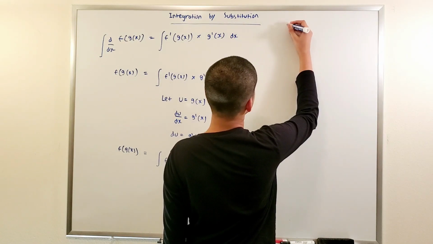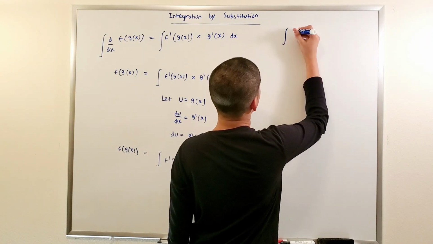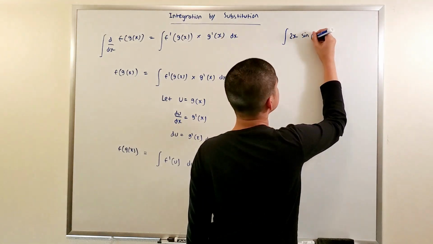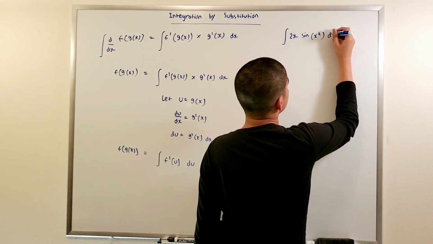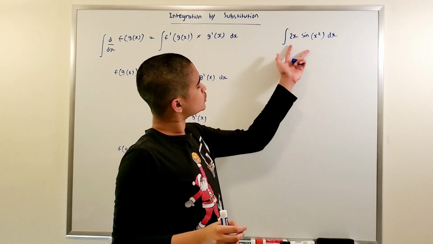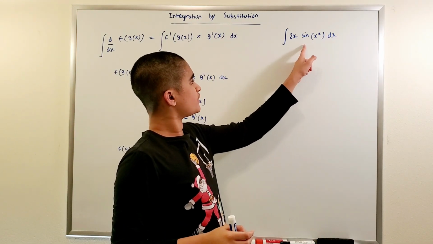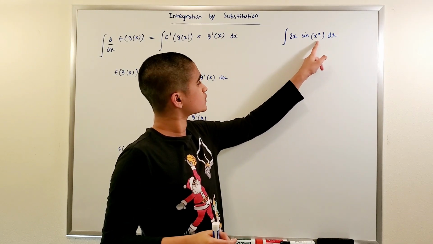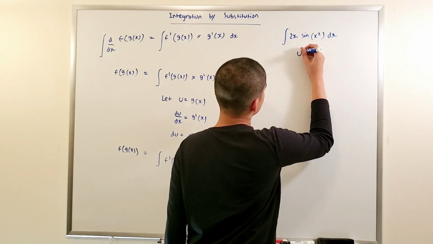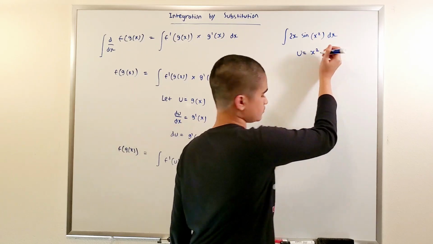Let us try to find the integral of 2x sine of x squared dx. Now, looking at this function, we can see that the inner function here is x squared. So let us let u be equal to x squared.